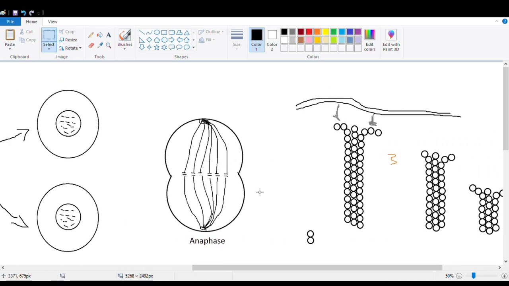So if we take a closer look, just zoom in here. Taking a closer look at what these guys are, we see that they're actually these tubules, or these cylinders. These are supposed to be cylinders. So if we take a look at these cylinders, they are towers made up of these smaller components, proteins called tubulin.